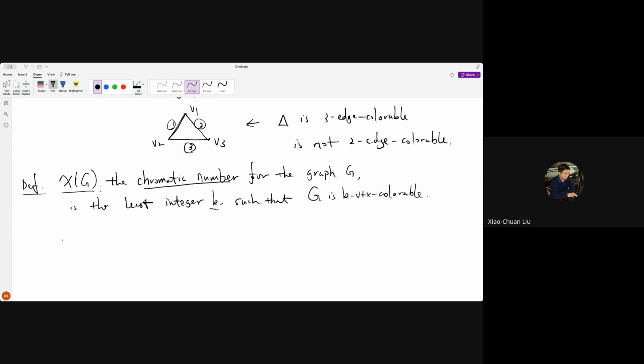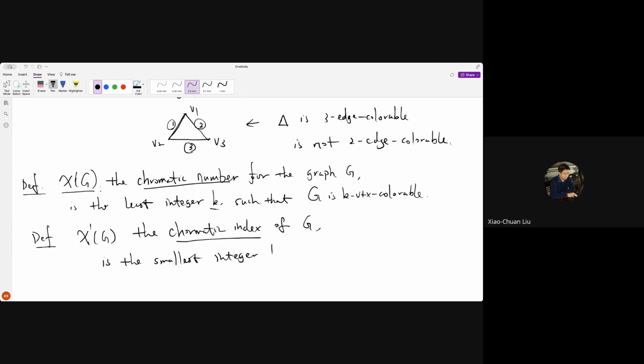Similarly, we will define χ'(G), which is usually referred to as the chromatic index. This is for edges of G. It is the least integer k such that G is k-edge colorable.